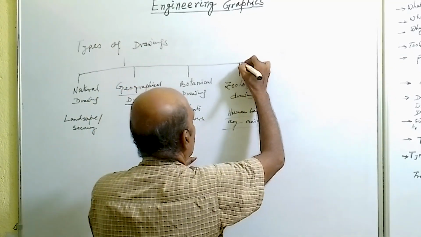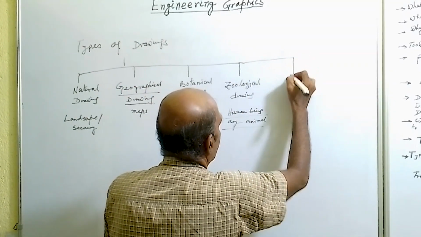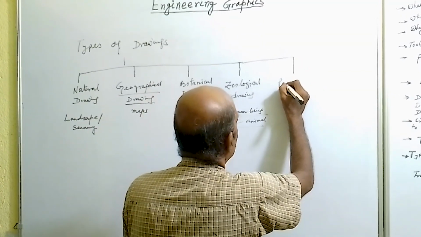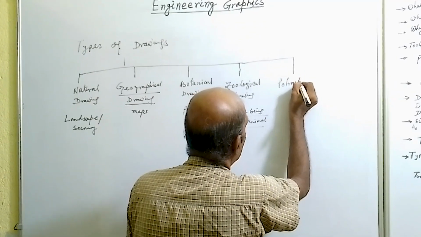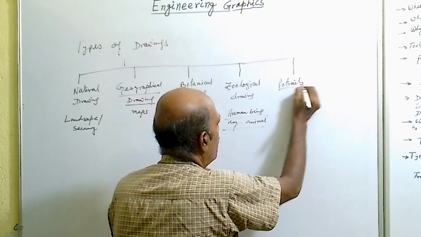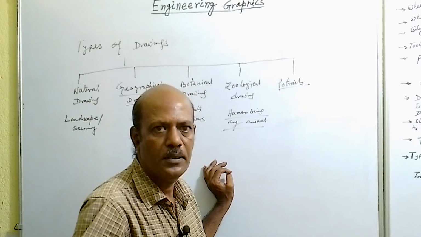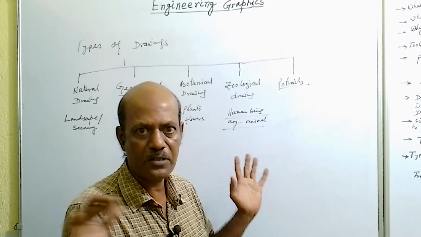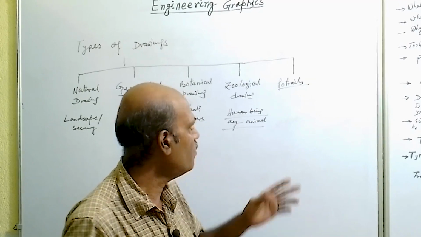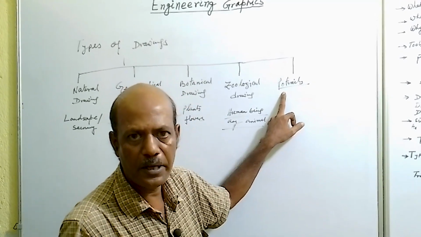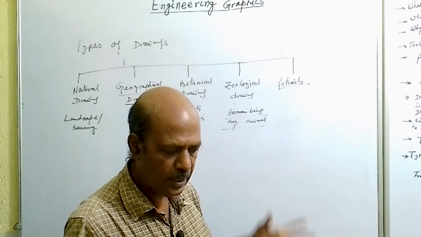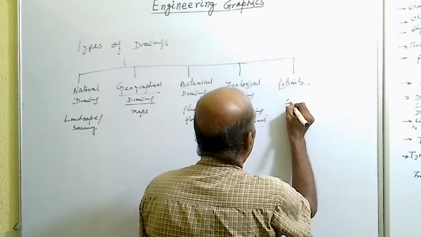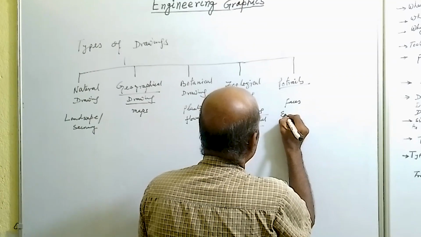Okay. Now next type of drawing is coming under portraits. So this is the drawing of human faces or its expressions. So by this we are drawing the human faces or the expression of human faces.